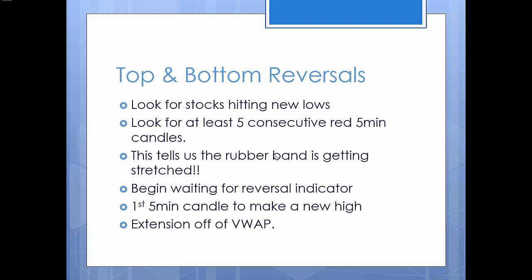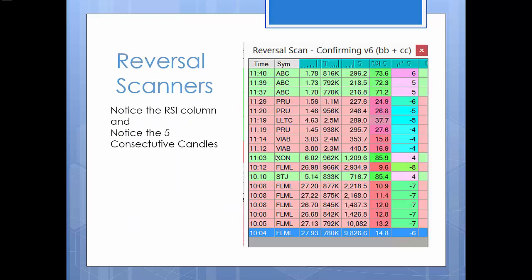So, over the course of the years, Jeff and I, we've both written scanners, and this reversal scanner version 6, which we just released today, is right now one of the strongest scanners. It's the result of years of work, but it's something that I feel pretty good about. So this is a stock scanner that's giving us stocks hitting here in green new highs, okay, with an RSI of greater than 70.